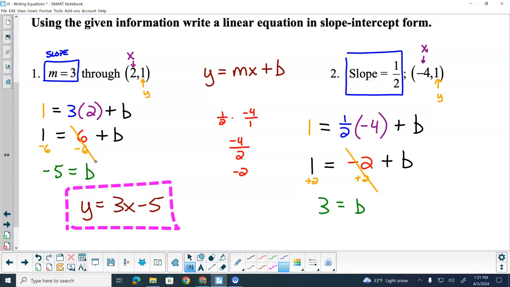Do I have a b? What is it? No. Do I have a b? It's in green. 3. So if I have a slope and I have a b, can you give me the y equals mx plus b?